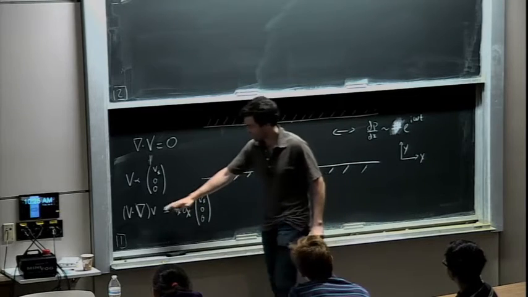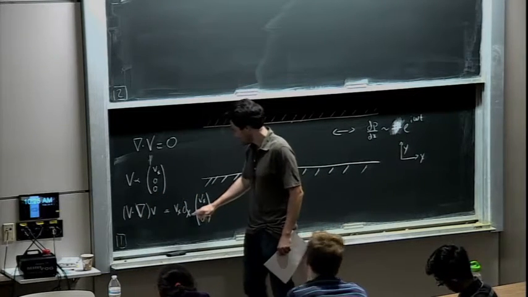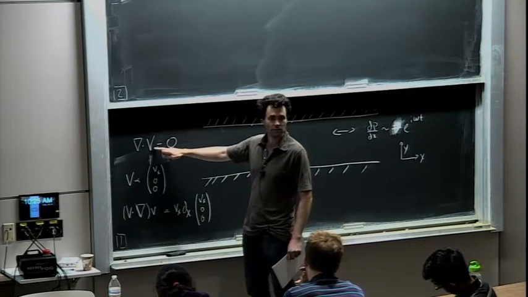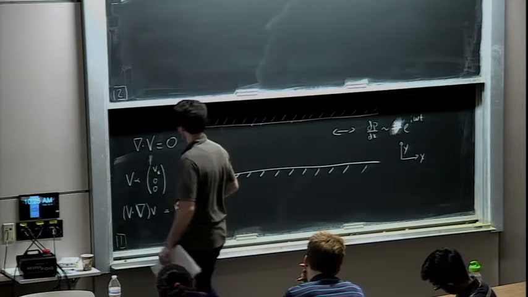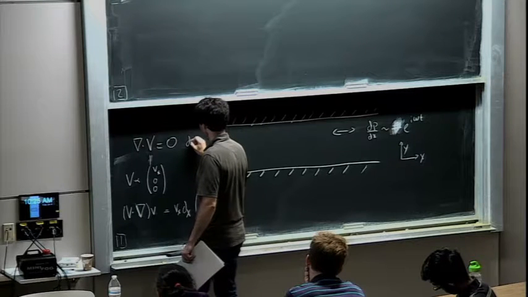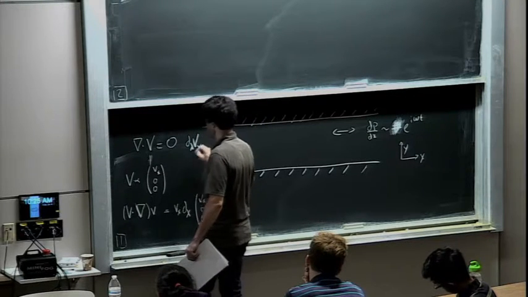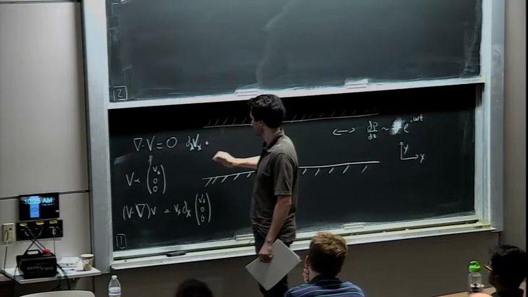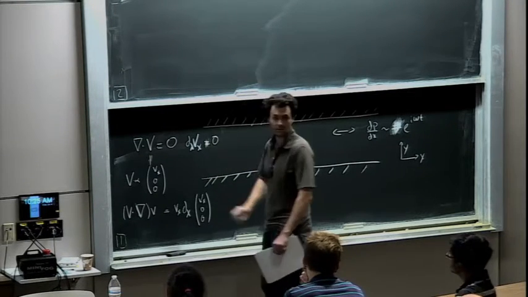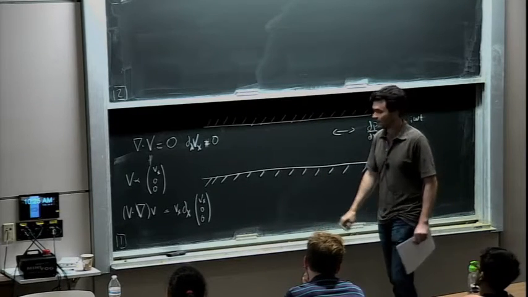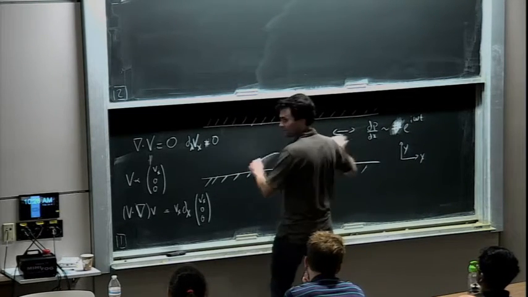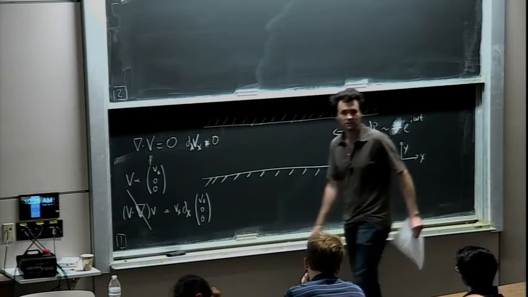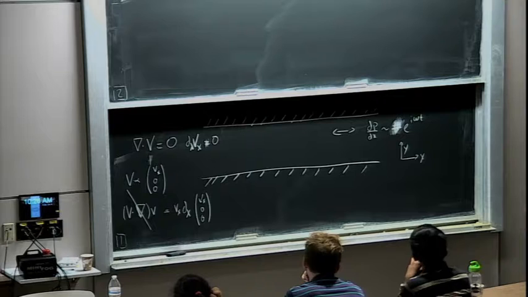So the only term I have coming from this convective term is dx of Vx. But this equation over here tells me that dx of Vx plus d other stuff of 0 is equal to 0. So dx of Vx is equal to 0. Simply by having this highly symmetric situation, we're able to ignore this term and simplify our equation.